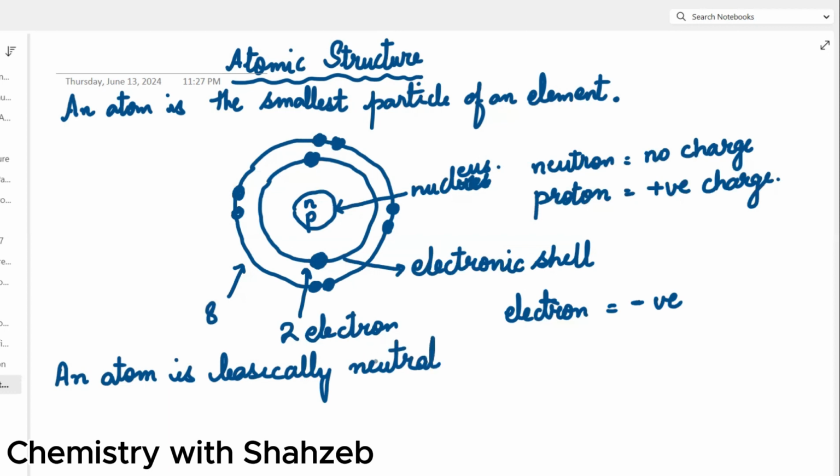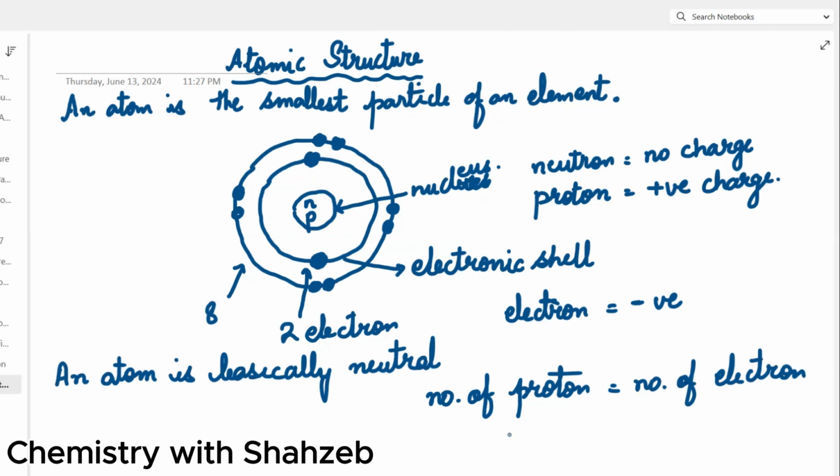They are neutral because the number of protons, which are positively charged, and the number of electrons, which are negatively charged, are equal in number and oppositely charged. For example, if there are two protons, then there will be two electrons as well, and they are oppositely charged, so they would cancel out each other.